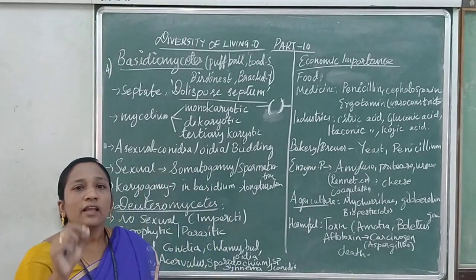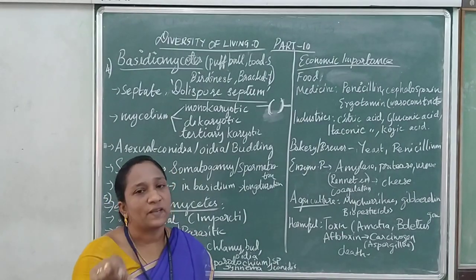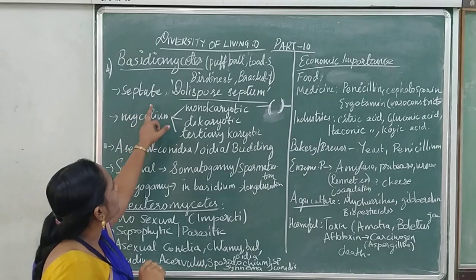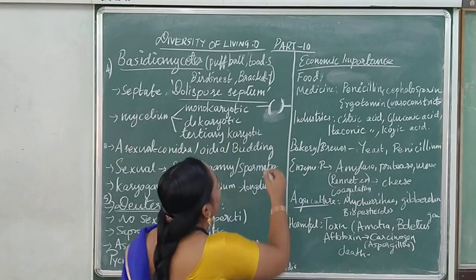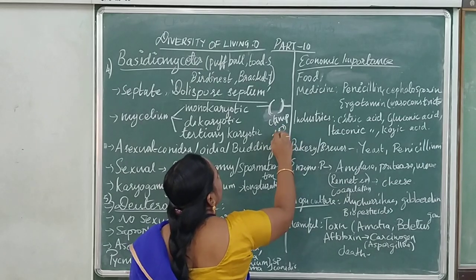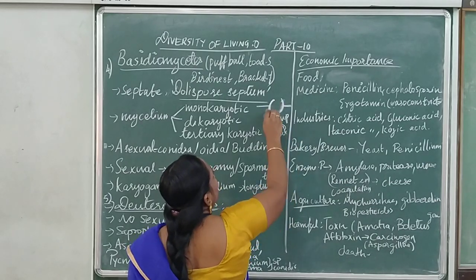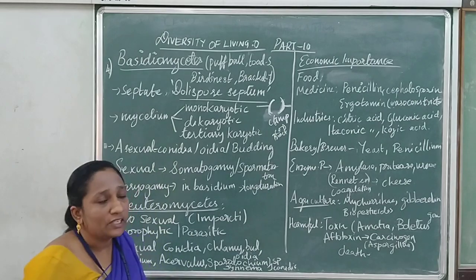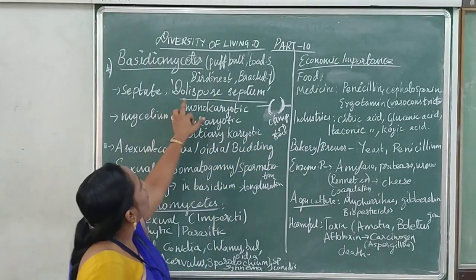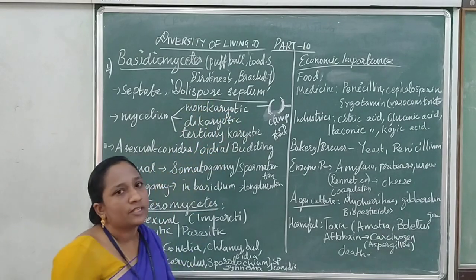So be careful to write the name of the class and the specific name of the fungi. Because of the septate structure like a clamp or bracket, that bracket-like or clamp-like structure is called Dolipore septum.